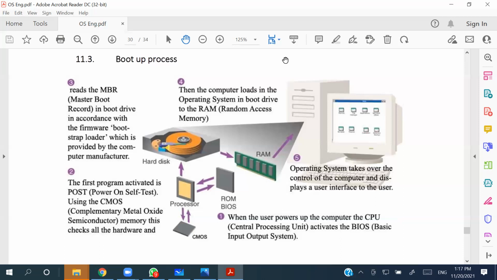The bootstrap loader is given by the manufacturer, and in that there are instructions saying how to find the MBR, master boot record. Then once the master boot record is found, from that particular place, the operating system will be loaded onto the RAM.